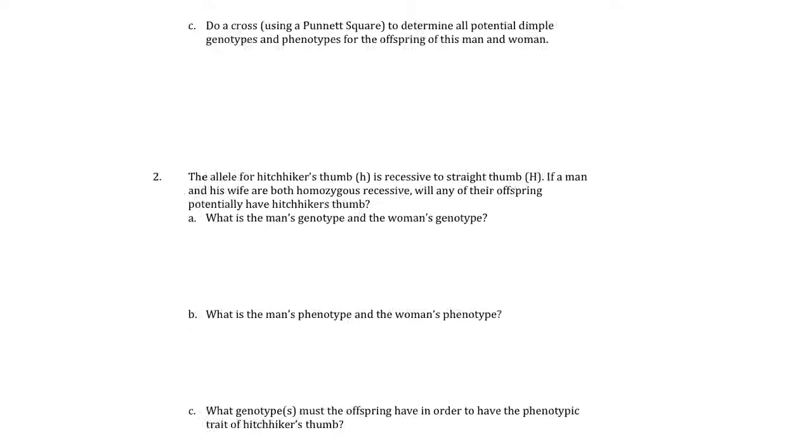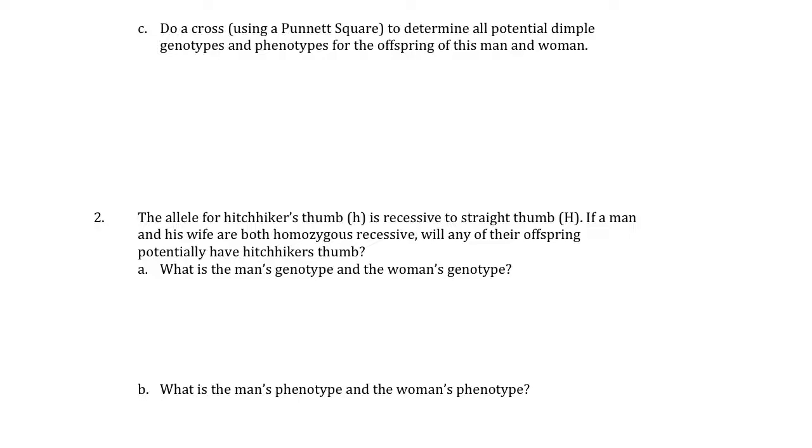It says, do a cross using a Punnett square. So I'm going to draw a Punnett square here. Let's use a different color. And then I'm going to write both of their genotypes.